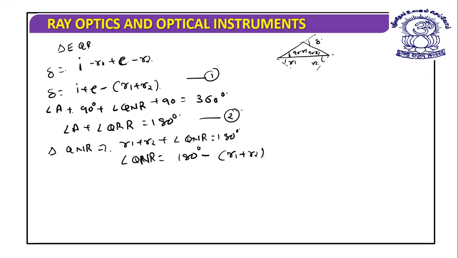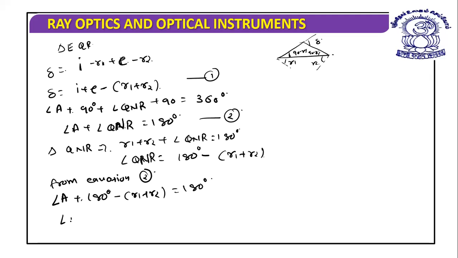Put the value of angle QNR in equation 2. So from equation 2, we can write angle A plus 180 minus (R1 plus R2) is equal to 180 degrees. So we can write angle A is equal to R1 plus R2. This is one very important relation.